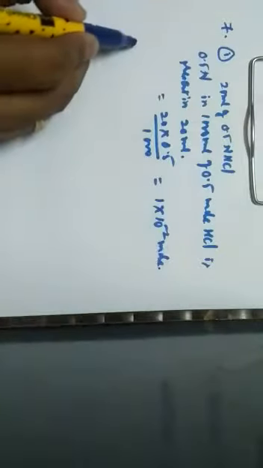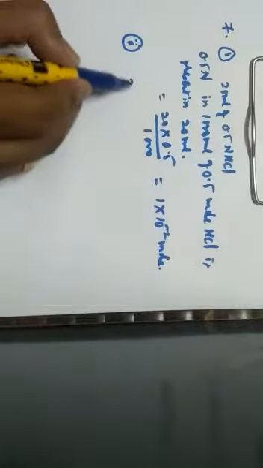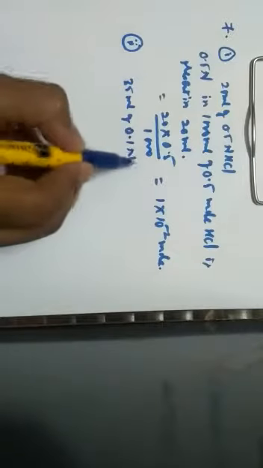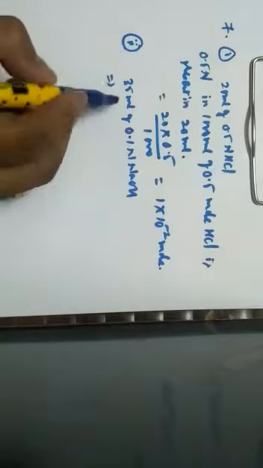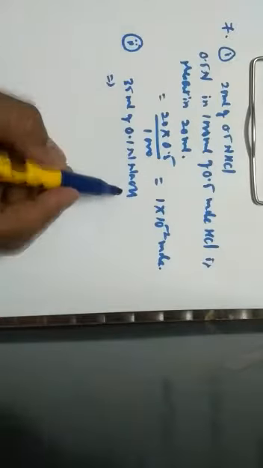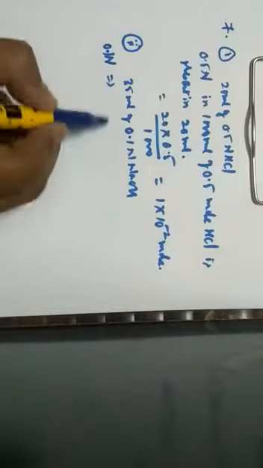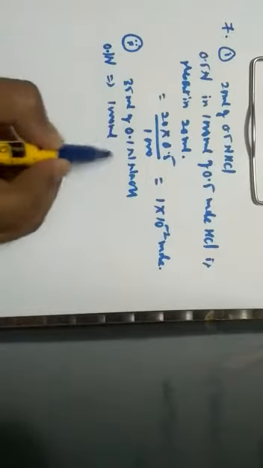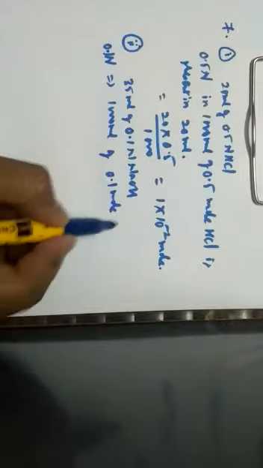In the same way, the second solution that has been given is 35 ml of 0.1 normal NaOH. So 0.1 normal in 1000 ml is 0.1 mole of NaOH.